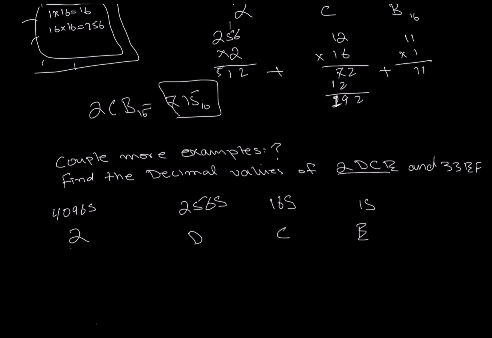Whatever letter is there, you have to multiply that by the placing value. So there'll be 2 multiplied by 4096. What is the value for D? A is 10, B is 11, C is 12, D is 13. So it'll be 13 times 256.